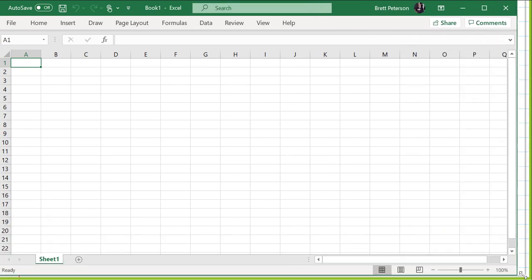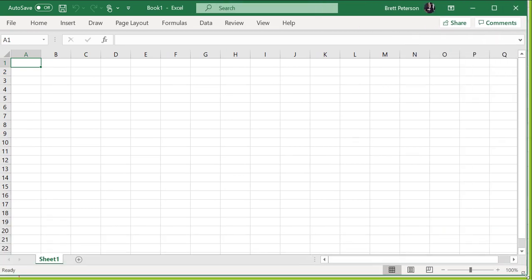There's a few different ways that we can do this, but let's make a numerical table for all the values of this function between -3 and 3 at whole numbers. The easiest way is to place where we want to start here in A1, so we're just going to type in -3.